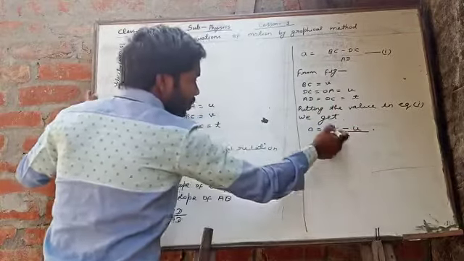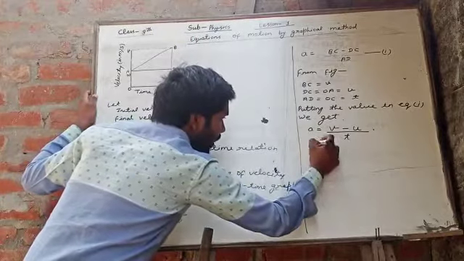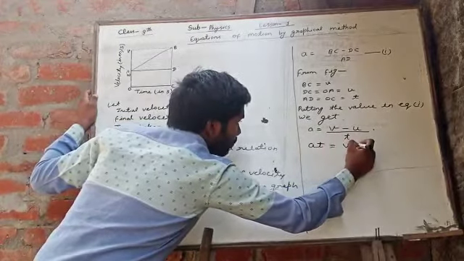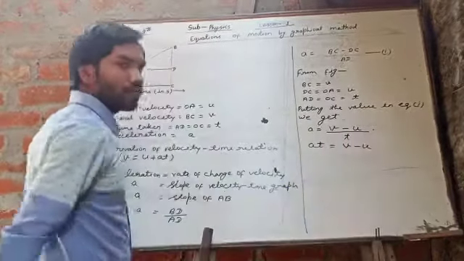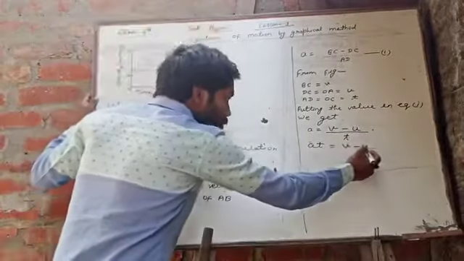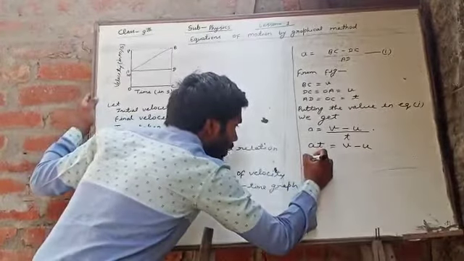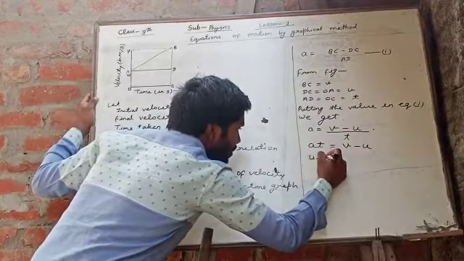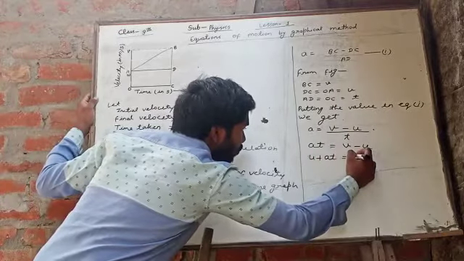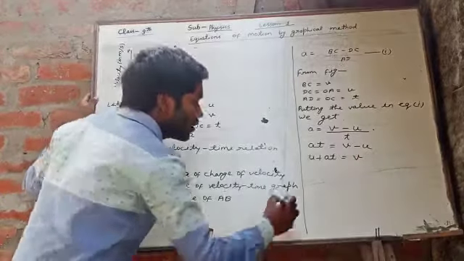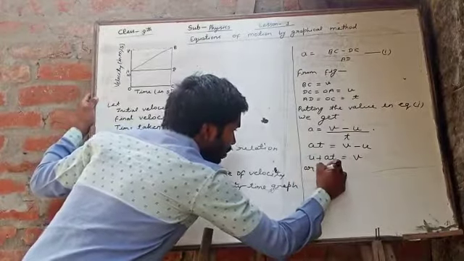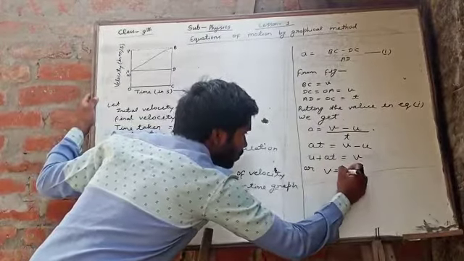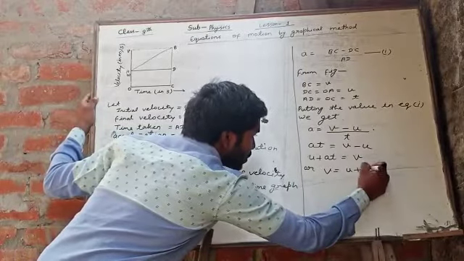From cross multiplication, AT is equal to V minus U. When we transpose this U to this side, it becomes positive, so U plus AT is equal to V, or V is equal to U plus AT.